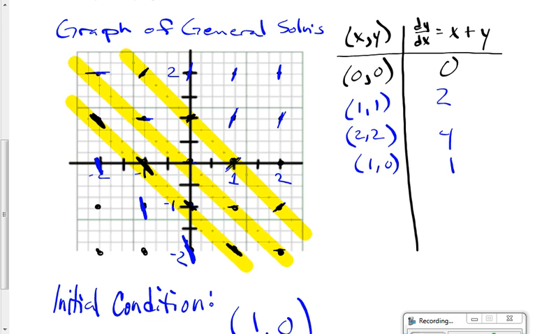I put a point at 1, 0. And now I see what happens as I go to the left and the right. As I go to the right, what happens? It's going to rise, right? It's going to get steeper as I go that way?